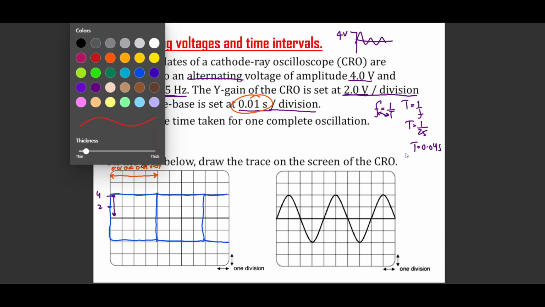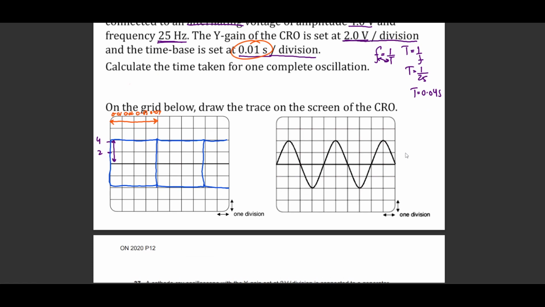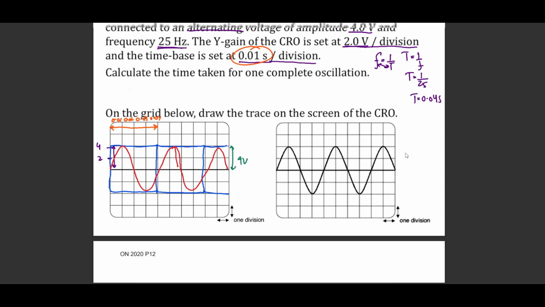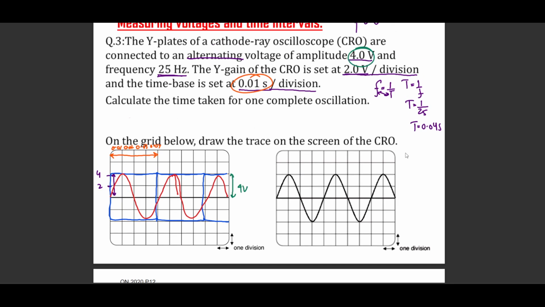So let's draw that wave over here. So we start with this. Now notice how the graph has been drawn, that we have taken 4 volts up to this point, which was mentioned in the question that the graph should be 4 volts.